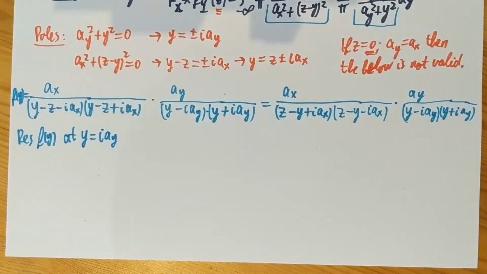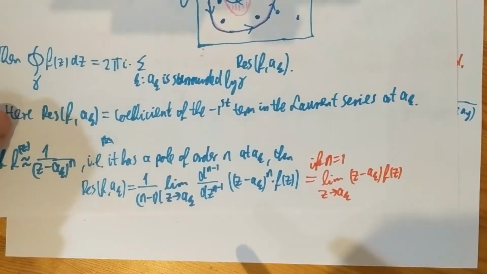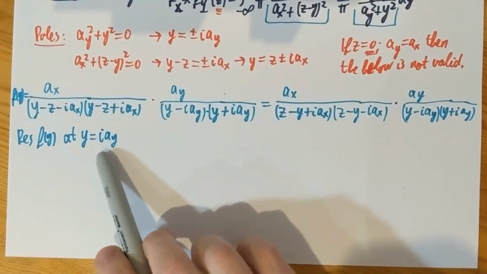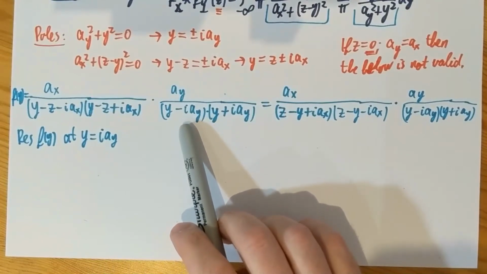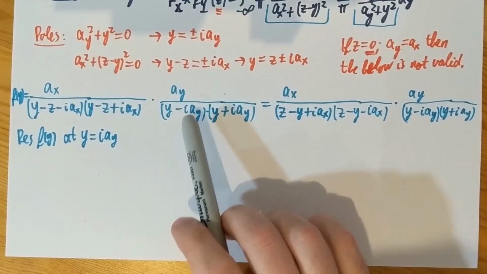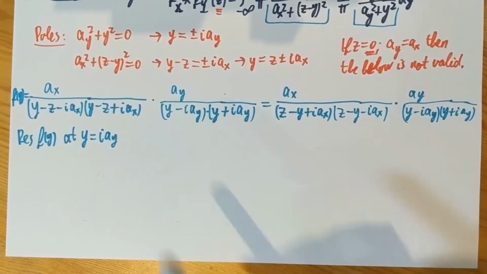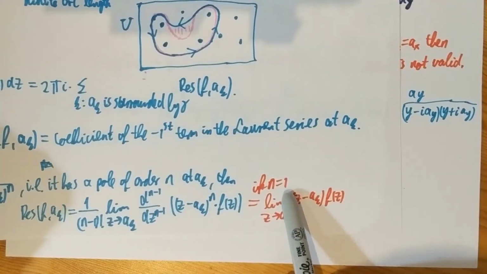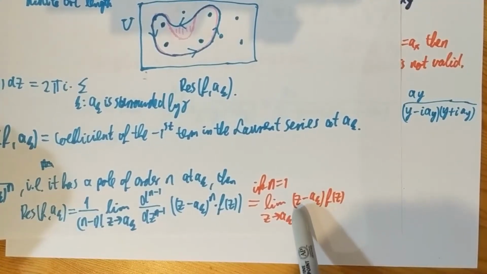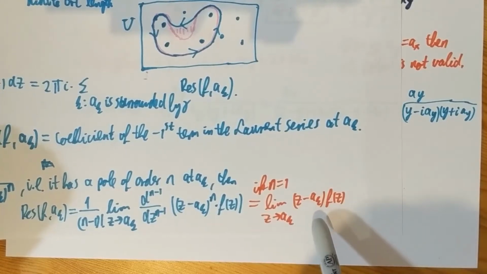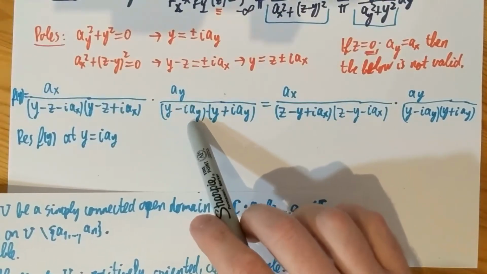Okay, so what is the formula? The formula I told you about in a previous video tells us that if this is a first order pole, which it is, because at IAY this is the only term which is going to 0 in the denominator, so there is only a first power of 0, if you wish, a linear way of going to 0 in the denominator. So this is the first order pole. In that case, I just multiply my whole function by the independent variable minus the position of the pole, which is essentially just cancelling out the troublesome term, and take a limit at that point of the other terms.